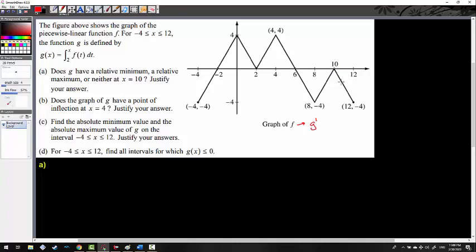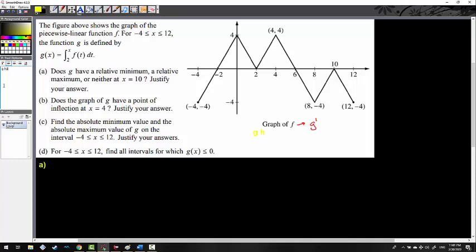But remember, the AP exam is designed by people who make these mistakes all the time, or they see these people making these mistakes all the time. This test knows what you know, and it knows where you're going to make your mistakes. So with A, what they're asking you is if there's a local max, min, or neither at x equals 10. The correct answer is that there is neither.